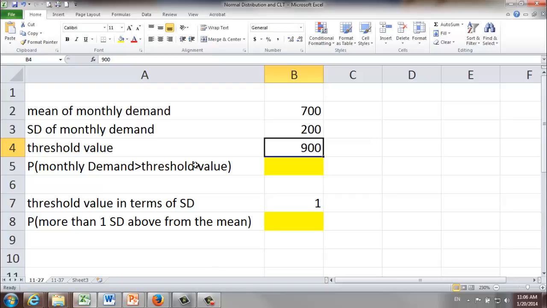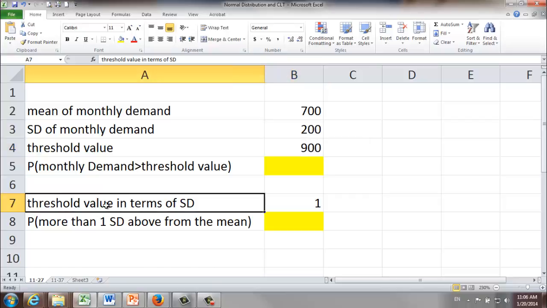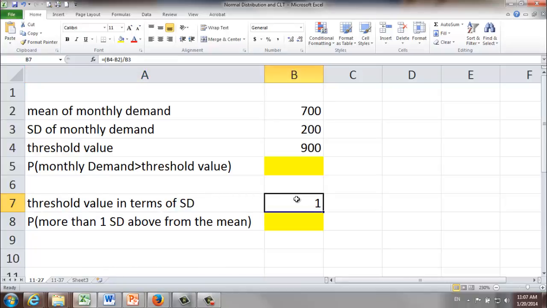Here, I'm going to show you two ways of answering this question. The first one I'm going to show you is to use standard normal distribution. First, I'm going to convert the threshold value in terms of standard deviation. This is how we're going to do that.